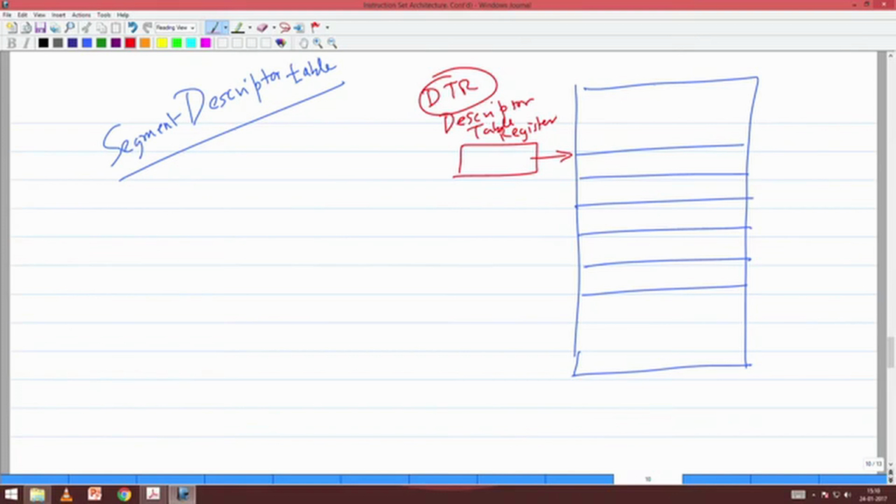Now, in the descriptor table, for every segment that I am creating, I, the operating system, will make an entry. Let us say P0 had code, stack, data; P1 had code, stack, data; P2 had code, stack, data; P3 had code, stack, data, okay.